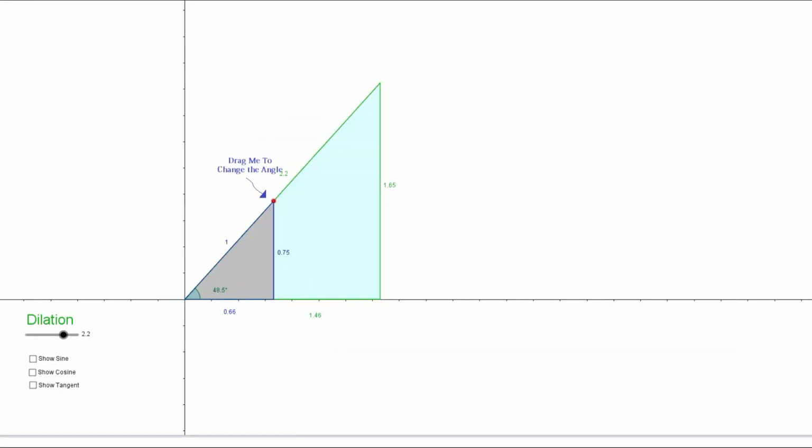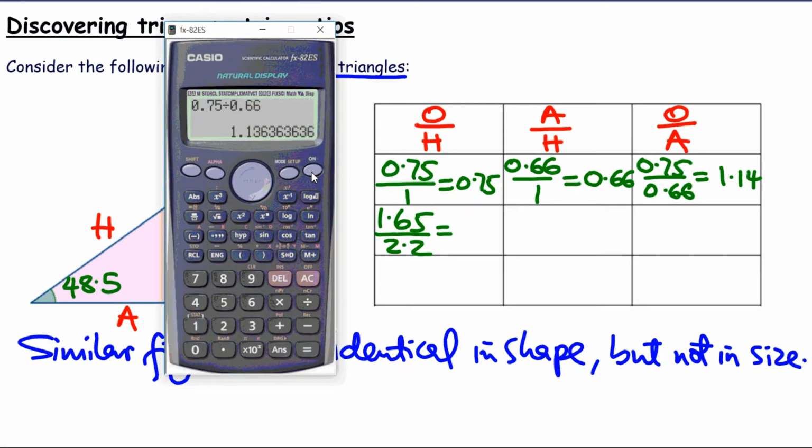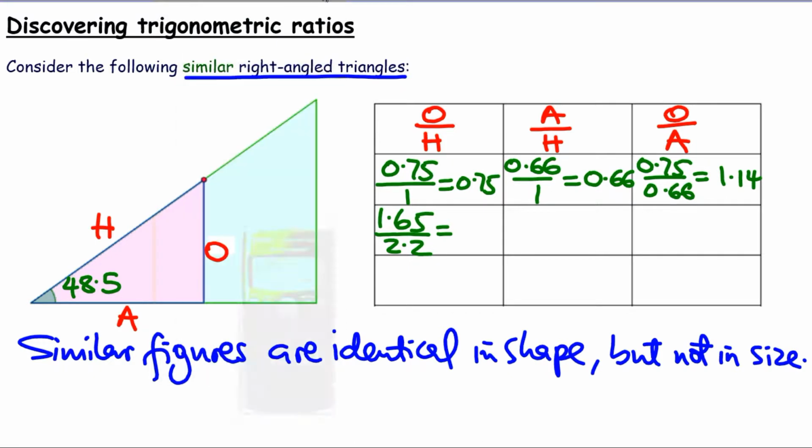Just checking again, 1.65 and 2.2, that's correct. We can calculate that using our calculator. So 1.65 divided by 2.2 gives us 0.75. So our answer here is 0.75.